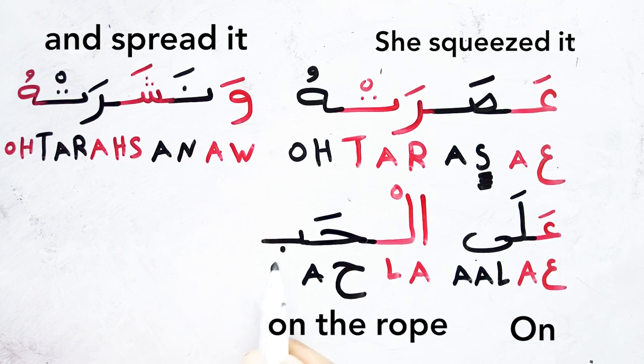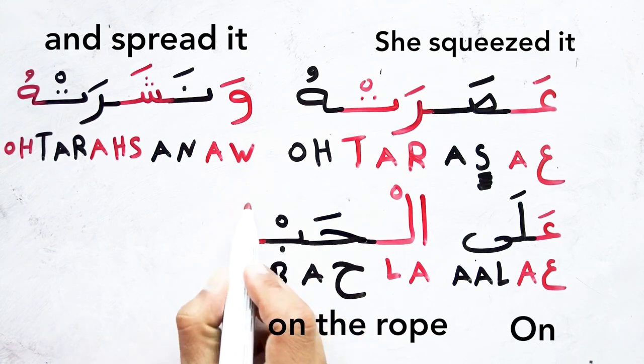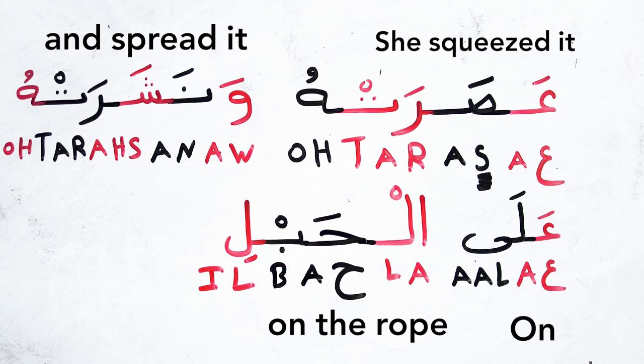The sound of B. With sukun, I must pause here. Al hab li. This one sounds like L. With kasra, it sounds like I. So it is al hab li. Liyajif.